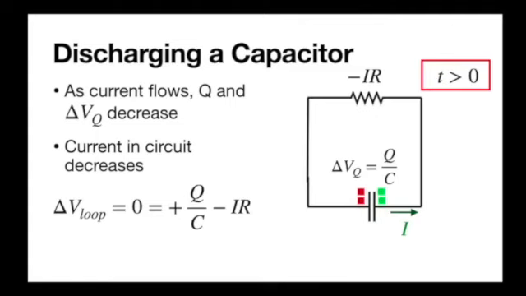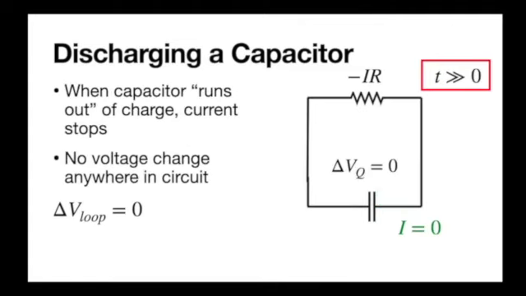There's less of a charge difference, the current goes down, and once the circuit has come to equilibrium, all the charge will disappear from the capacitor, and now we're at capacitor discharged. Now there's no voltage change across here, so there's no current, there's no voltage change across the resistor. There's no flow happening. Everything's neutral, there's no flow of current.